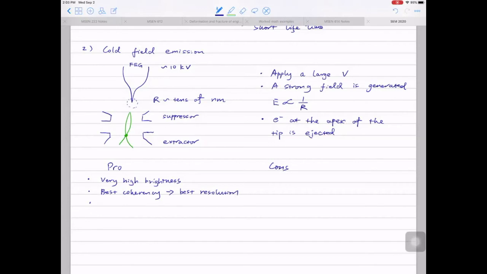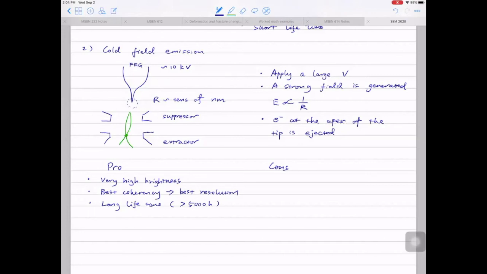The third advantage is it has a very long service life. Usually it's about 5,000 hours. Remember, in the regular tungsten thermionic guns, it's 100 hours. So the cold FEG is 50 times better in terms of longevity. Do they ever use crystal filaments in the thermionic?